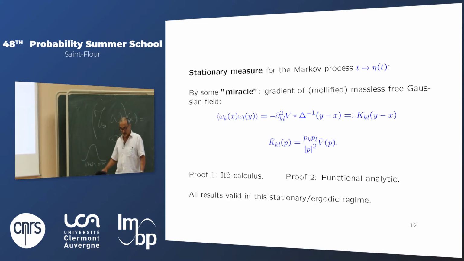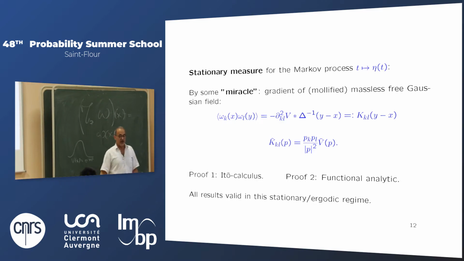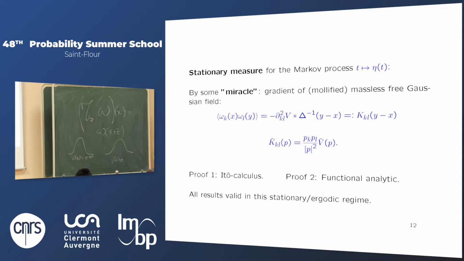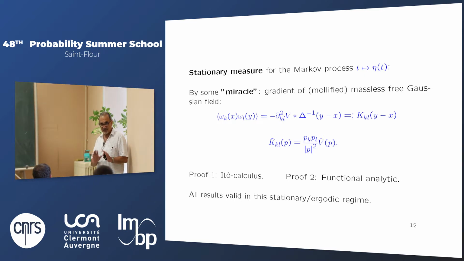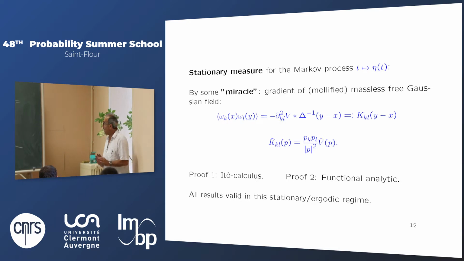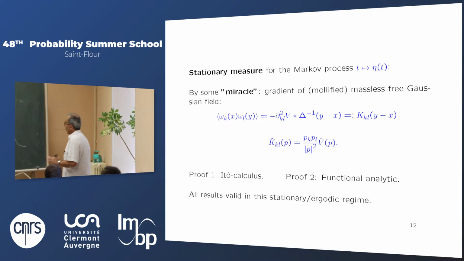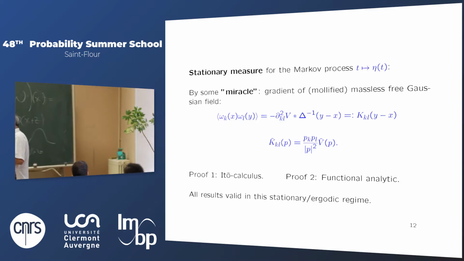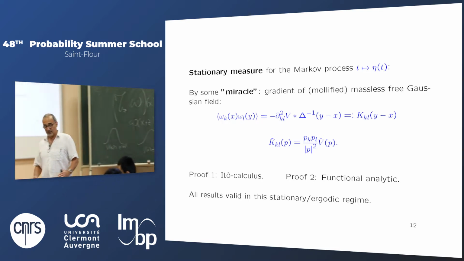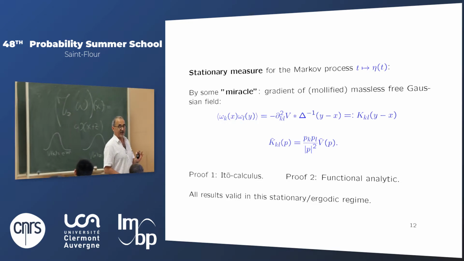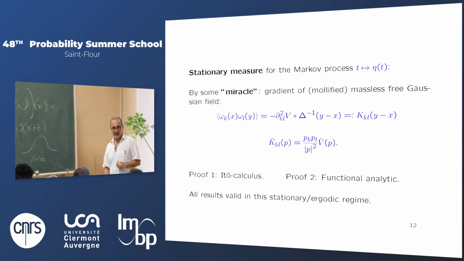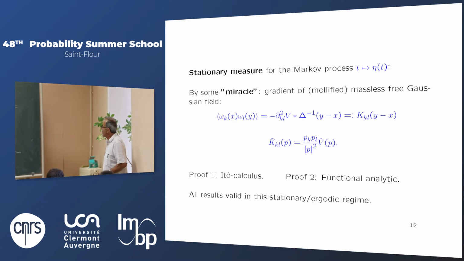Recall that last time, when I spoke about the random walk in random environment, it was the curl of the Gaussian free field in 2 dimensions. This is the gradient, so it's not the same thing. So the stationary measure of this process will be: take the Gaussian free field, locally regularize it, and take the gradient of that, and that distribution will be the stationary measure.